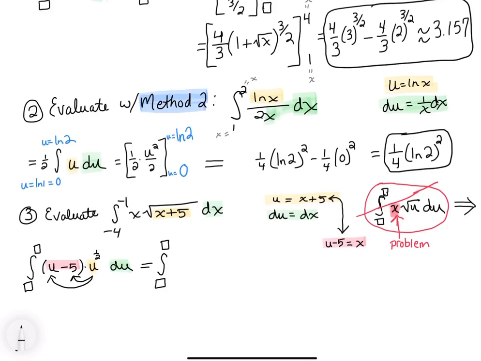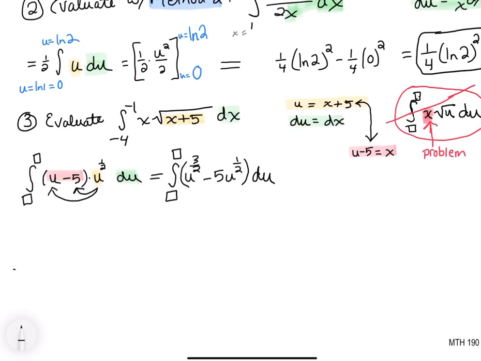So I can take care of this situation relatively easily. So if I distribute, I'm going to have u to the 3/2 minus 5u to the 1/2. Okay, so that looks pretty good. And I would say we are ready for integration here. We're ready to take that antiderivative.